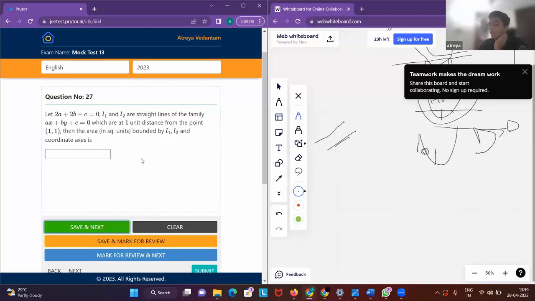Well, we know that (1, 1) is a distance of square root of 2 from (2, 2). So we want 45 degrees away, right? So quite simply by observation, we can deduce that the lines y is equal to 2 and x is equal to 2 satisfy the condition of being unit distance away from (1, 1). So the area bounded by L1, L2 and the coordinate axes is simply 4.